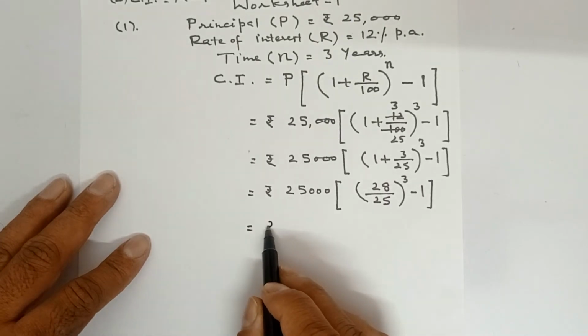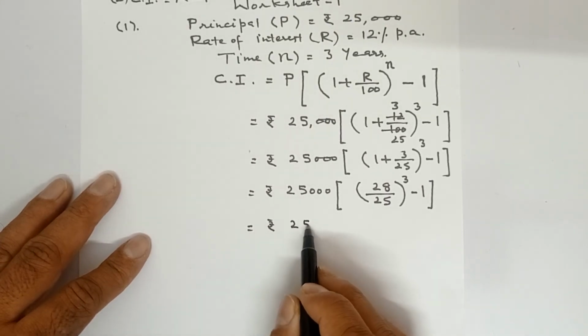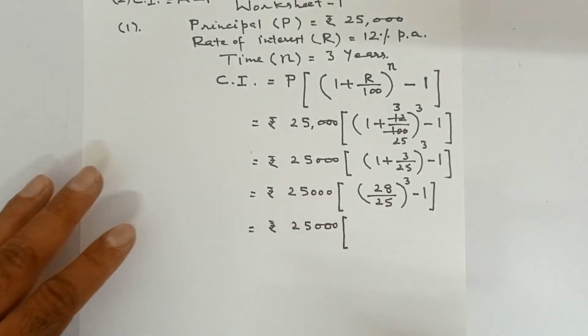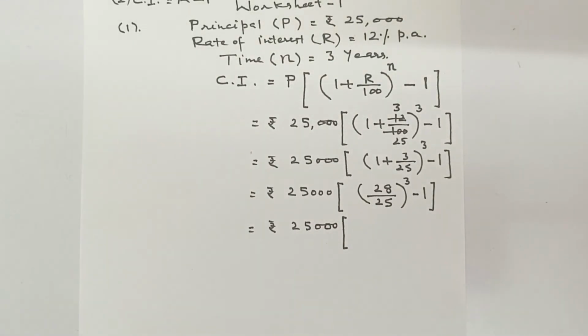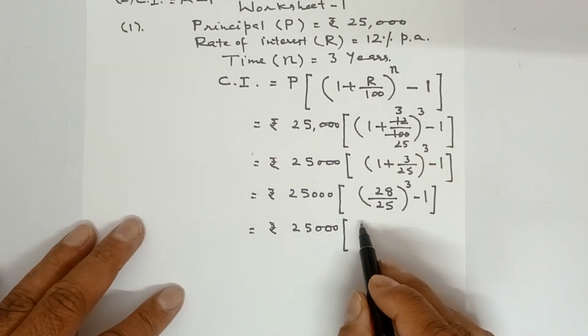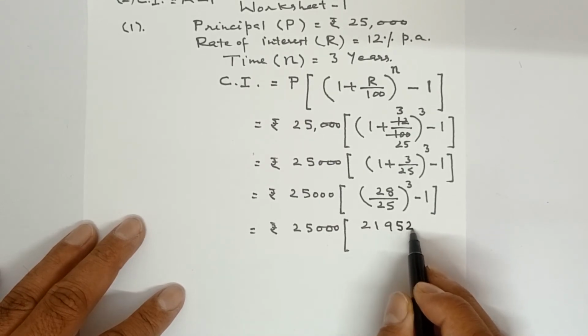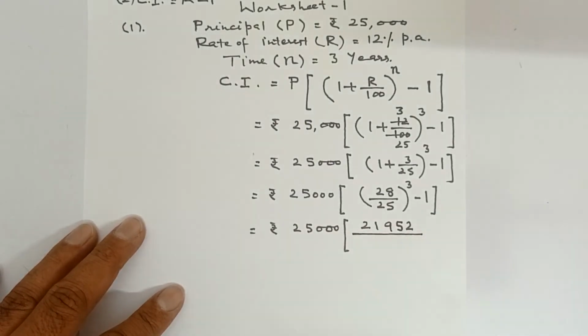Now rupees 25,000. Here you need to multiply 28 three times. So in rough work you can multiply 28 three times. It will come 21,952 upon 25 to be multiplied 3 times.